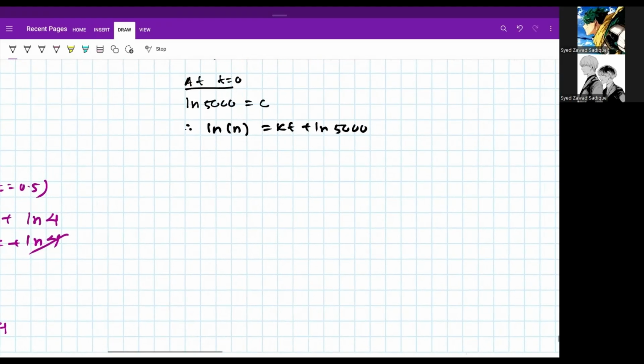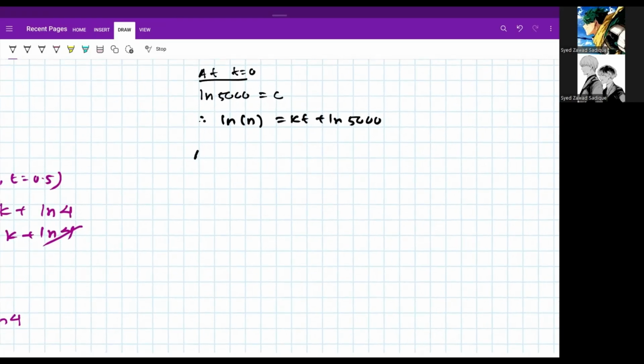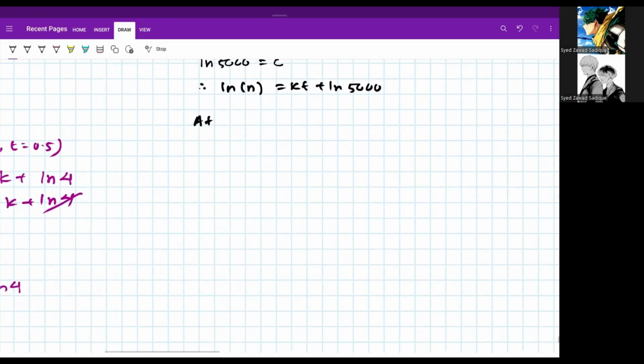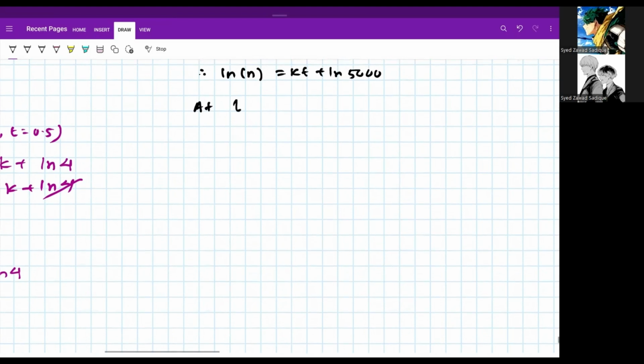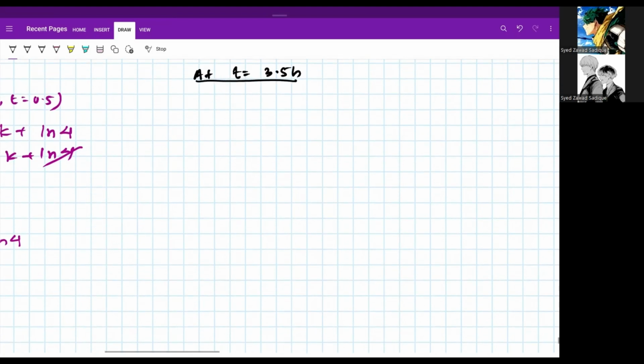Right. Then at t is equal to 3.5 hours, ln 1 million is equal to 3.5k plus ln 5000.